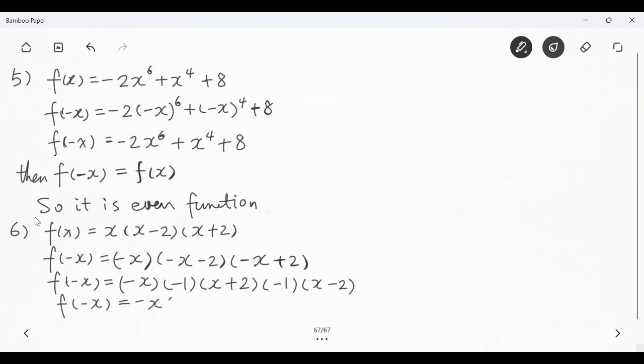So negative x times (x plus 2) times (x minus 2). So we compare the last equation and the first equation. We find this f(negative x) equals negative f(x), right? So it is an odd function.